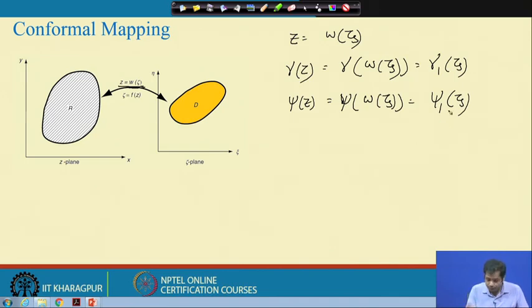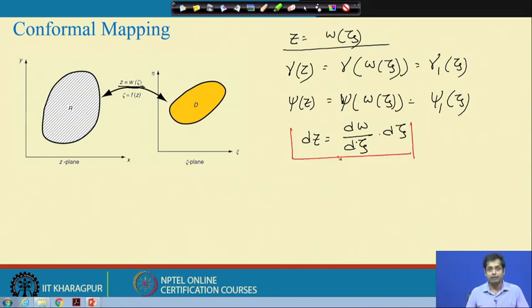We also know from this map that dz is equal to dW d zeta into d zeta. Once we have that relation, let us recall that in the expressions for the combinations of stresses and displacements we have gamma dash z and gamma double dash z.